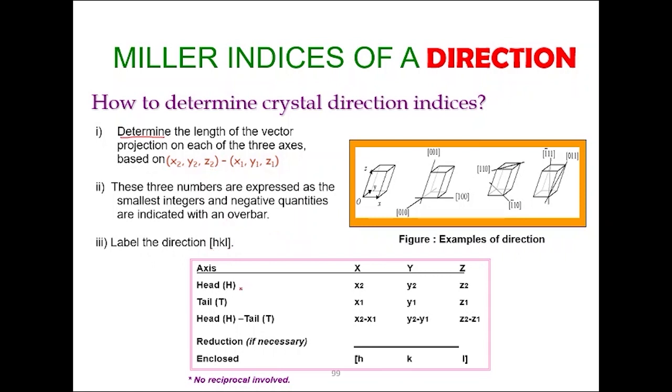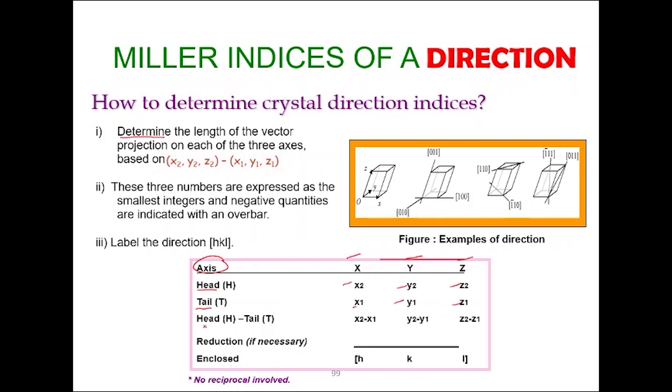Before we begin, I will brief a little bit on the steps that we are going to do. The first one, we must write the axes. We have x, y, and z axis. And then we find the coordinate for the head: x, y, and z for head. And then we find the coordinate for the tail: x1, y1, and also z1.